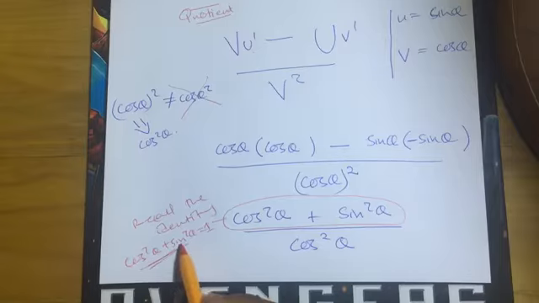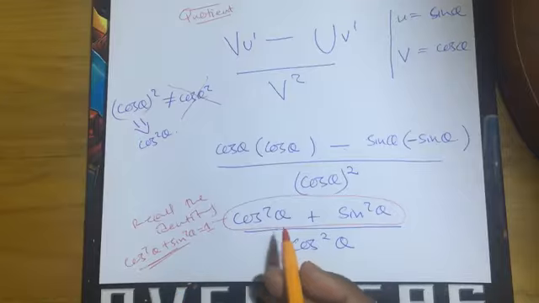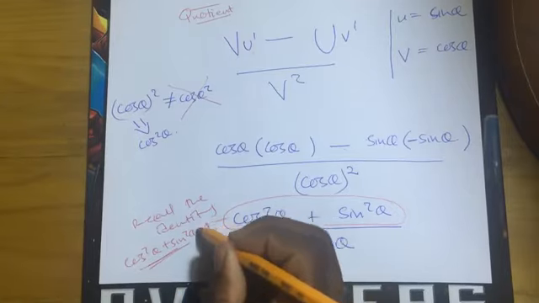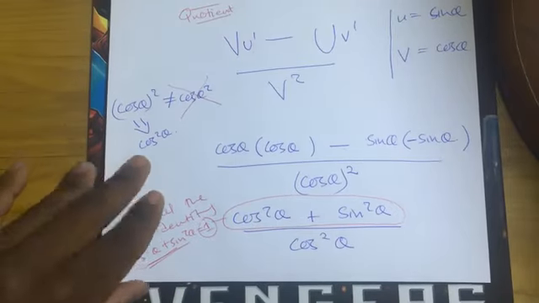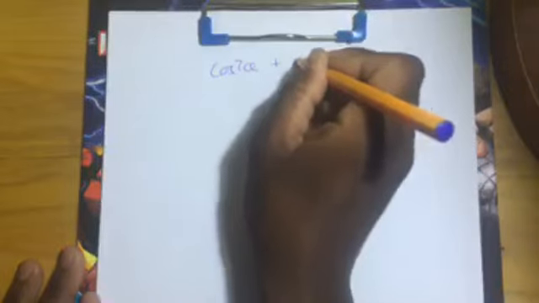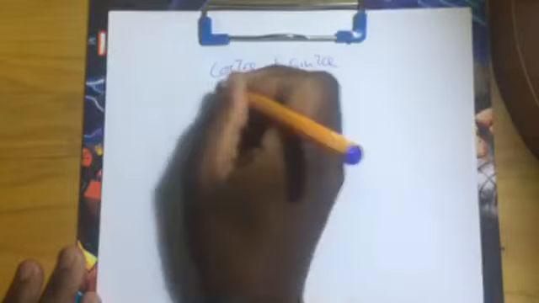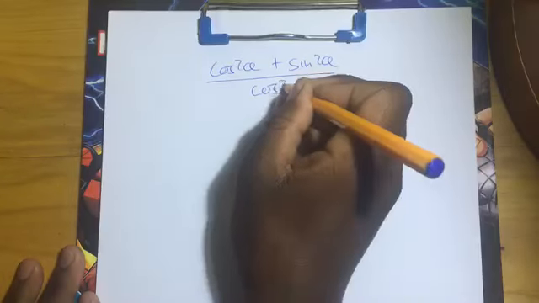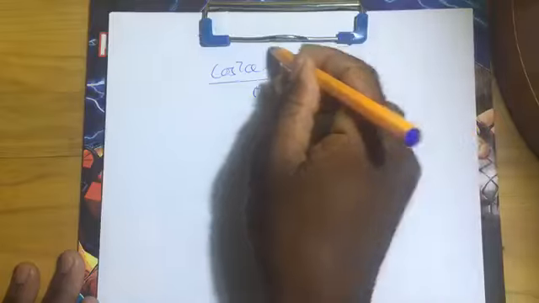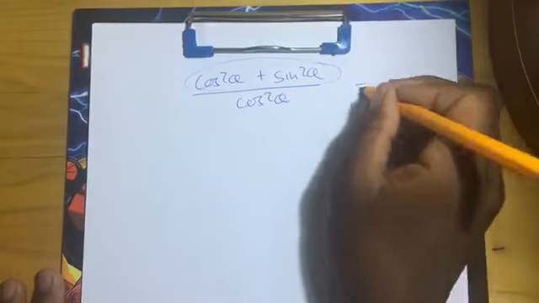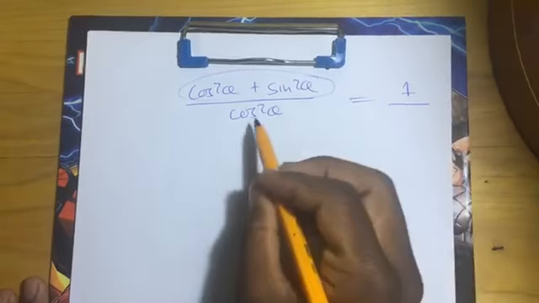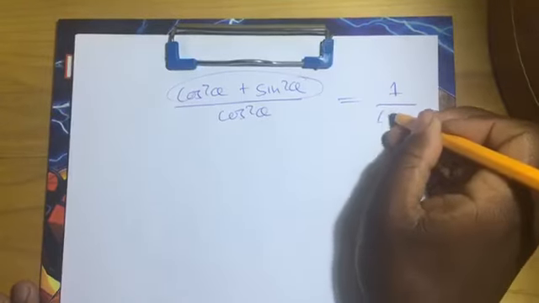Whenever you see cos squared plus sine squared, you are always going to replace it with 1. So I'm going to have cos squared theta plus sine squared theta divided by cos squared theta. The top part can be replaced with 1. So this is just going to be 1 over cos squared theta.